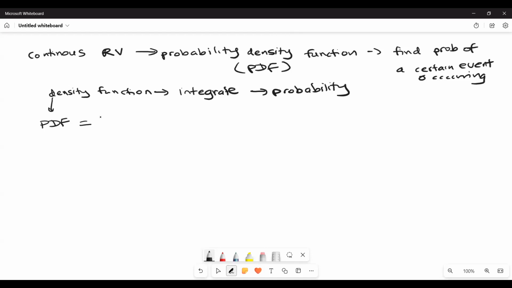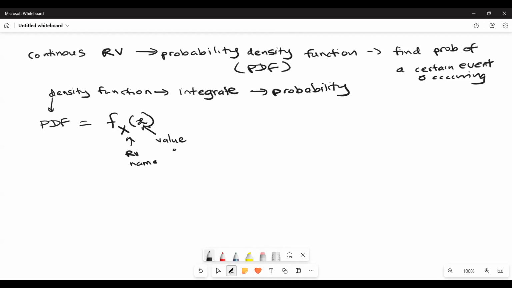So the PDF function is defined using these symbols. Normally we write a simple f, and then a capital letter for the random variable's name. Inside brackets we have a simple x, which gives the value of the random variable.